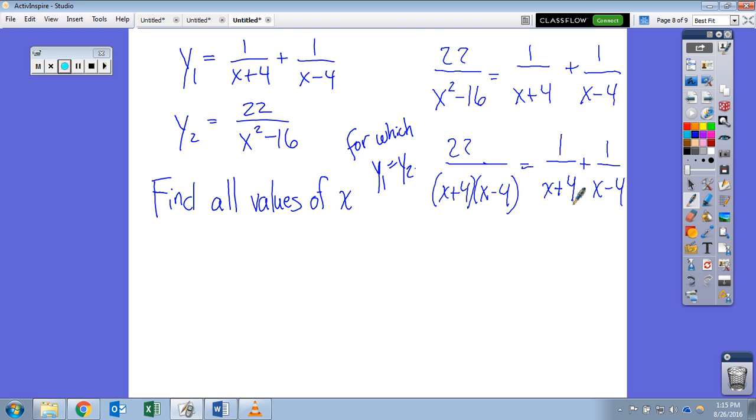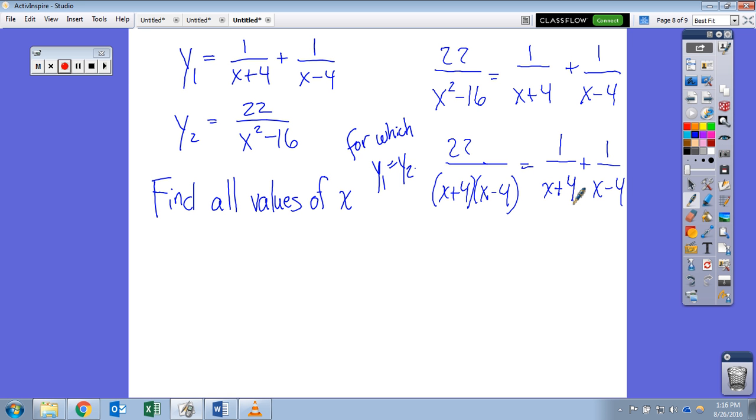First off, you have to multiply both sides, right? Yes, both sides. We're going to multiply both sides by this whole product here.